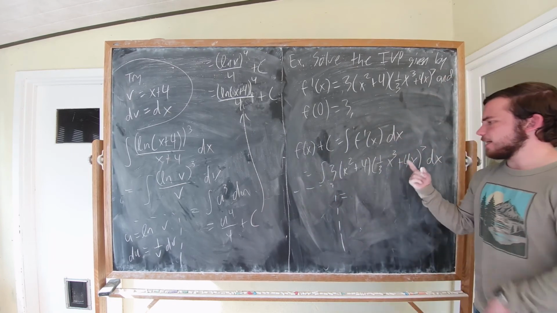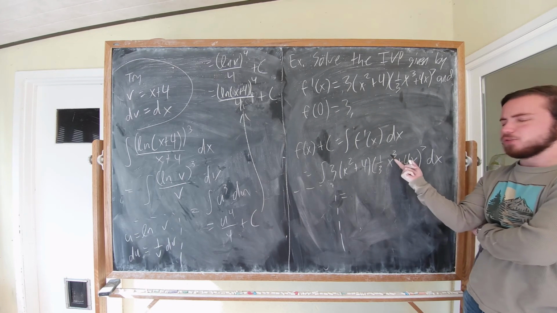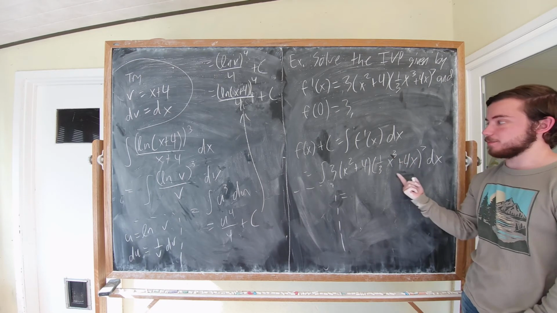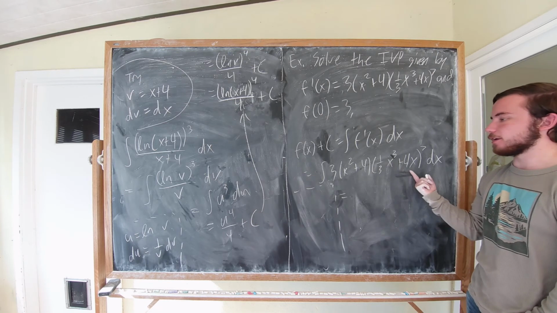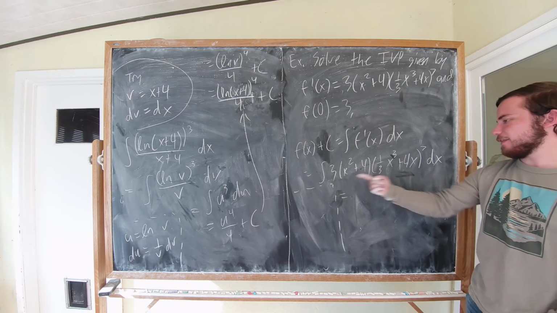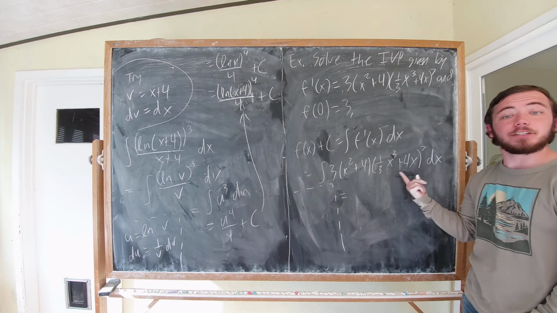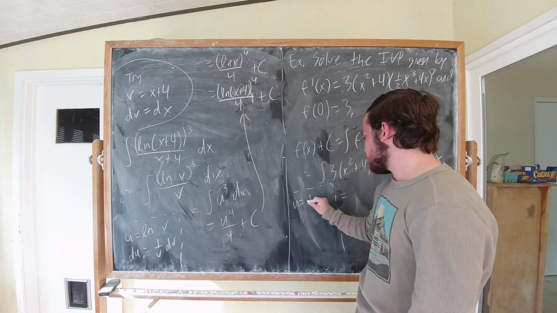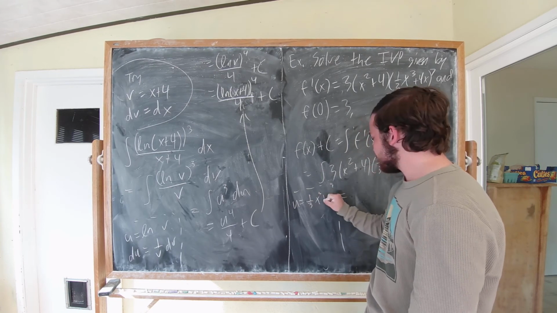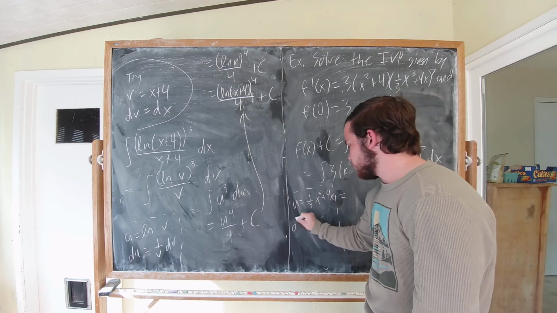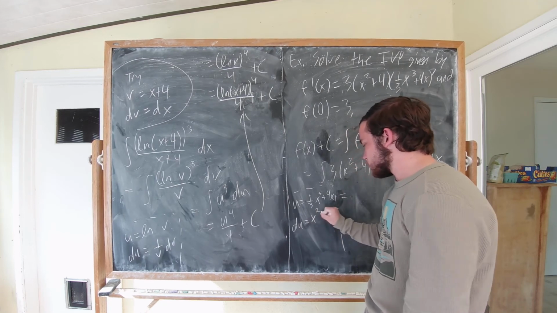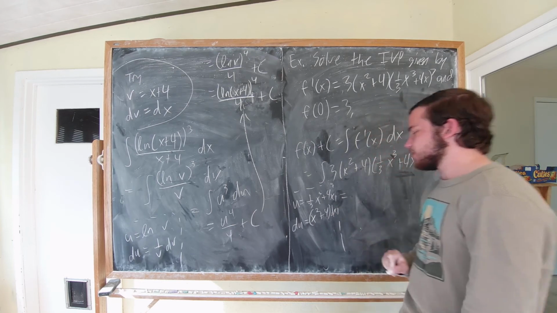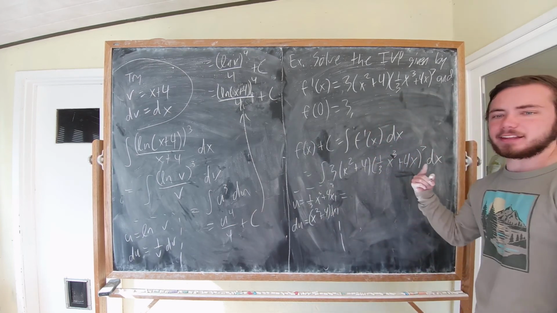I see here that the derivative of x cubed is an x squared, so maybe I'm going to try to call this term u, and hopefully my du will work out. Let's try. If we make the substitution u equals 1/3 x cubed plus 4x, then du will be x squared plus 4 dx.